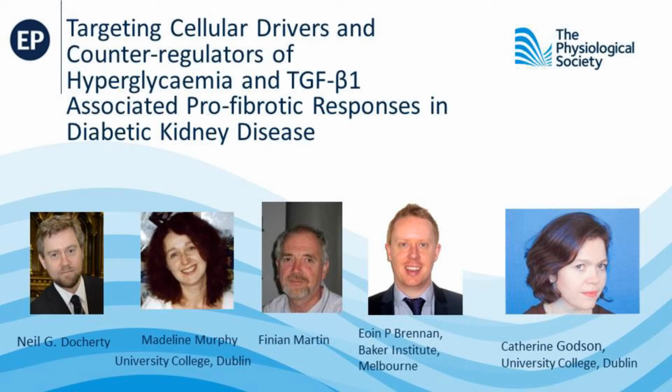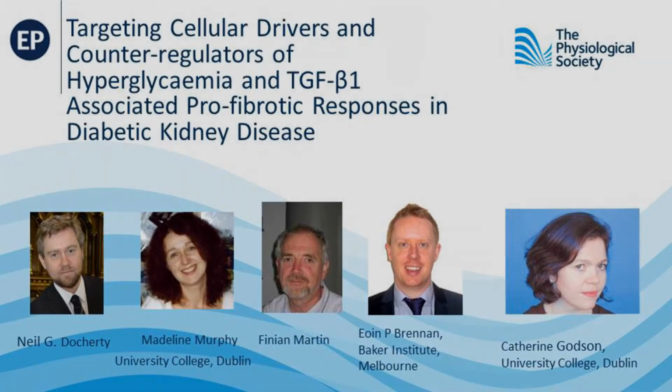The focus on mechanisms beyond glycemic control via which diabetic kidney disease may be addressed is extended in the review by Docherty, Godson and colleagues. This starts by outlining a rationale for how novel antifibrotic therapies acting downstream of hyperglycemia-induced TGF-beta-1 may be of value in treatment of diabetic kidney disease.